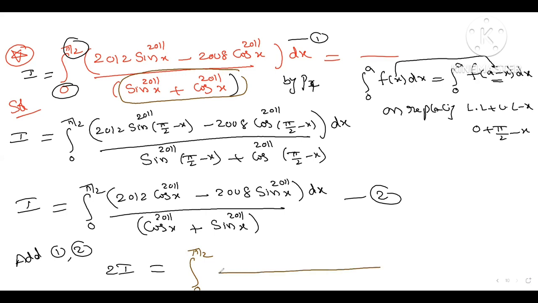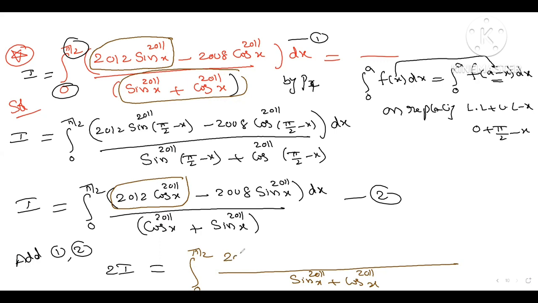So the LCM is the same: sin to the power 2011x plus cos to the power 2011x. After taking the LCM, in the numerator here 2012 sin to the power 2011x, here 2012 cos to the power 2011x. I take 2012 common.